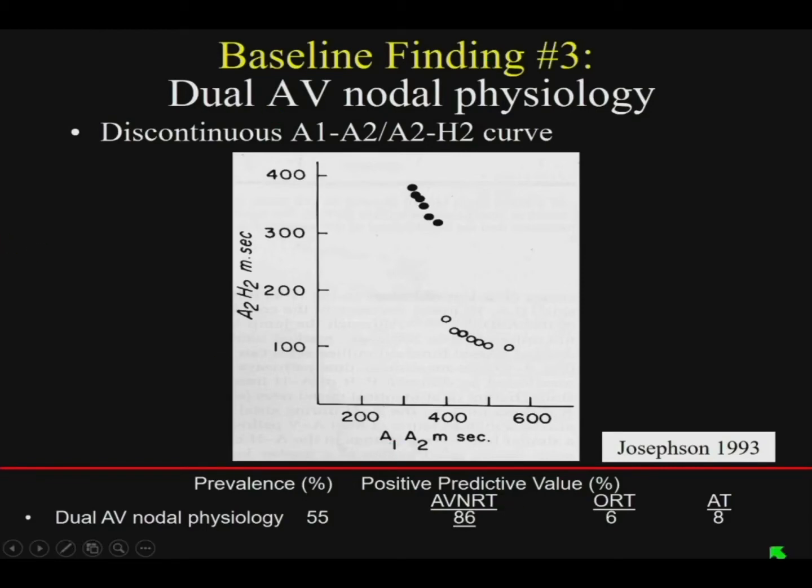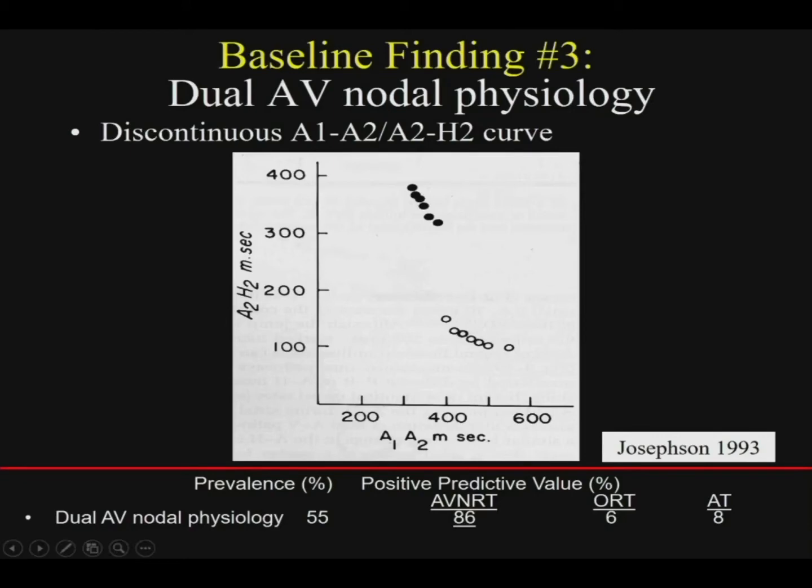But in this nice diagram, what you need to remember is the A1, A2 versus A2, H2 curve. That means that when you introduce a premature atrial stimulus, which is the A1, A2 coupling interval, you're basically giving a PAC. You have a drivetrain, which is referred to as A1 or S1, in the atrium A1, and the ventricle V1. The number 2 is the premature extra stimulus.